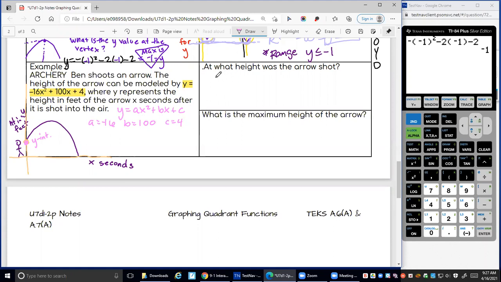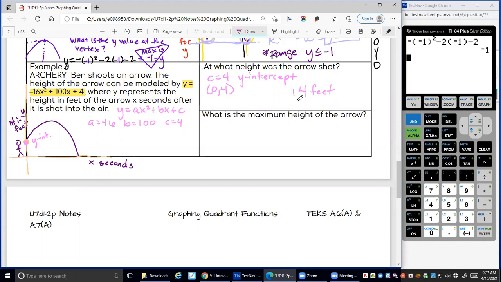So ding, ding, ding, C is equal to 4. Guess what? That's my y-intercept. And if I wanted to write it correctly, I could say (0, 4), right? So therefore, the height, and we know it's in feet, is 4 feet. The arrow was shot at a height of 4 feet initially, okay?